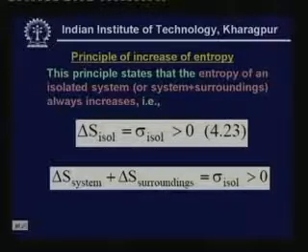This is a consequence again of the fact that in actual practice all the processes are irreversible processes. You cannot have a completely reversible process. So, all these irreversible processes generate entropy. So, one thing I would like to point out here is that the quantity energy, which was defined by the first law of thermodynamics, is a conserved quantity.